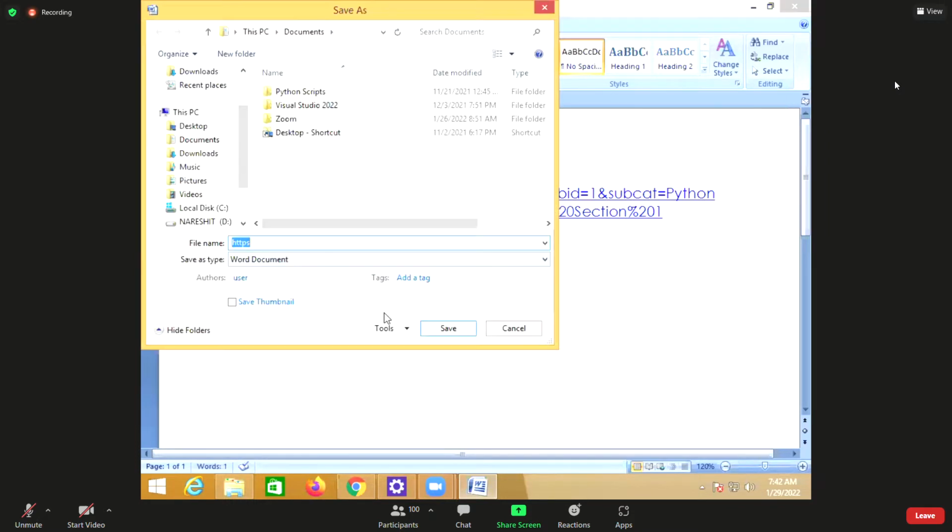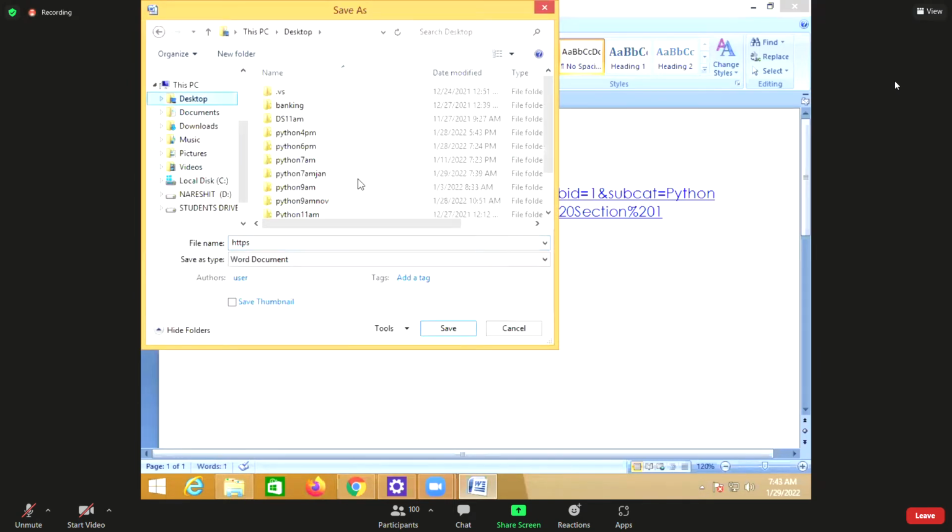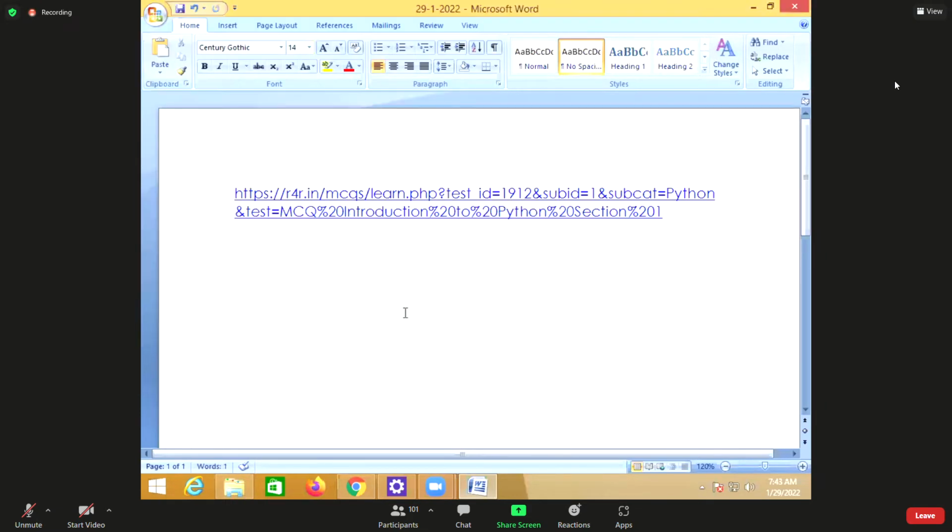So let us move into conditional operators. Some more conditional operators here.